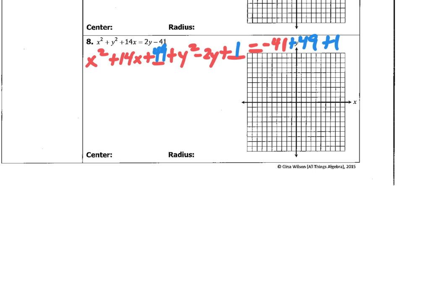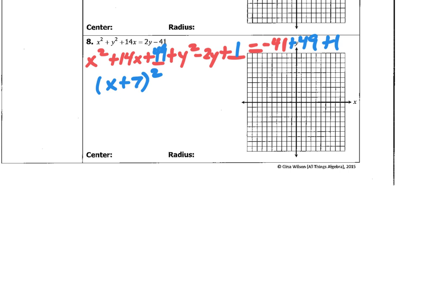We're going to rewrite both of these in factored form. So we're going to have two different expressions, two different sets of parentheses. Whatever I get when I divide by 2 is the number that we want. So 14 divided by 2 was 7. So this is going to be x plus 7 squared. And we know that that's going to work because 7 times 7 is 49, 7 plus 7 is 14.